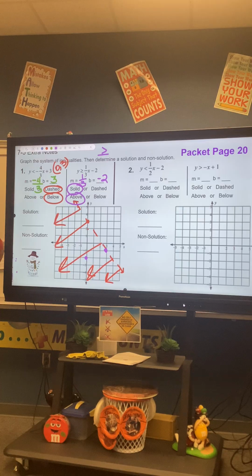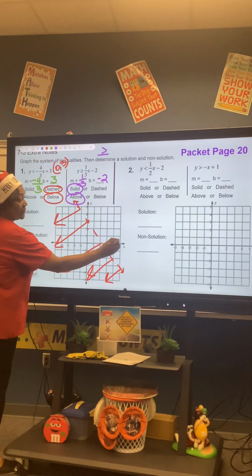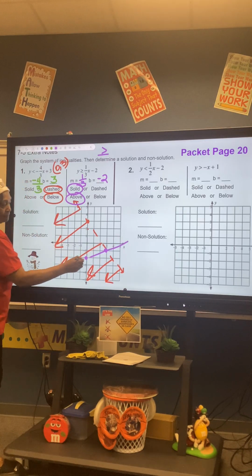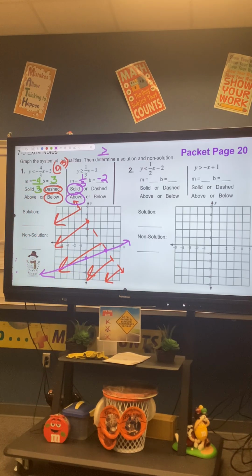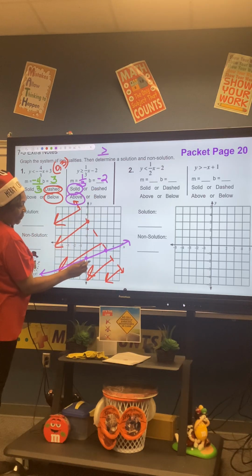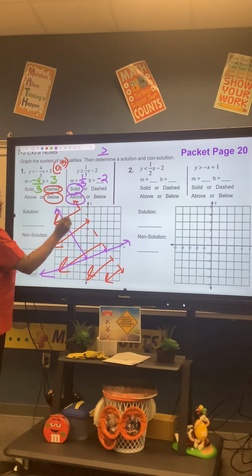You only need 2 points. Take your 2 points and draw yourself a solid line. Okay. You want to shade above. That means you want all numbers that are greater than negative 2. So it should look something like this.